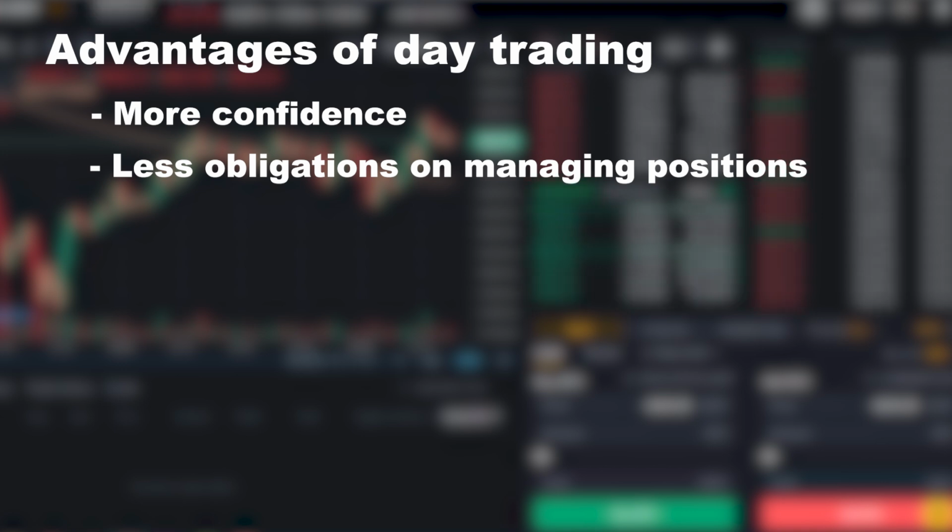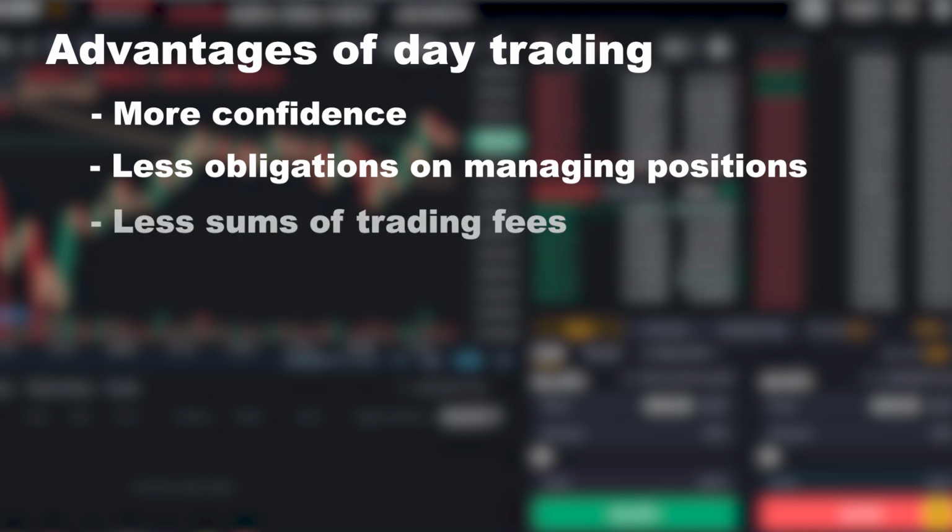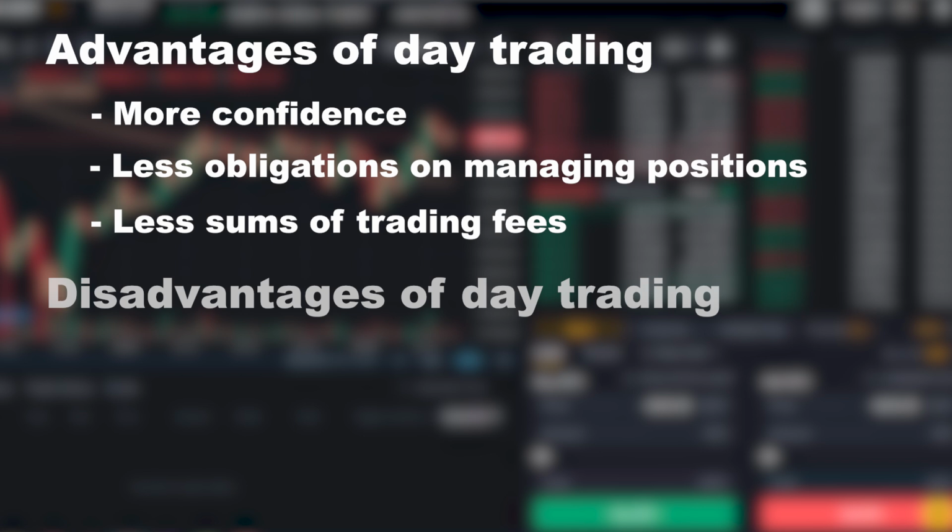And also due to the low number of trades, they pay less trading fees and they can show more flexibility with fees and commissions when choosing a broker or trading exchange. But for scalpers, because of the high number of trades they take each day, trading fees and commissions are a big deal for them.